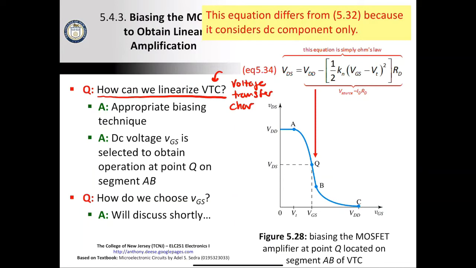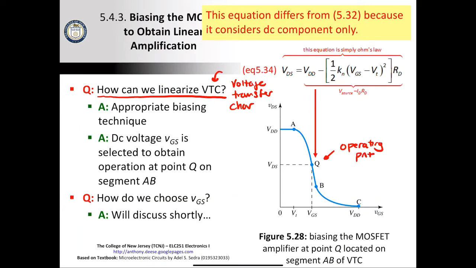And the way that we're going to linearize it is a lot like the way we linearize a function. We're going to pick an operating point, and we're only going to allow our input to vary a small range around that operating point.